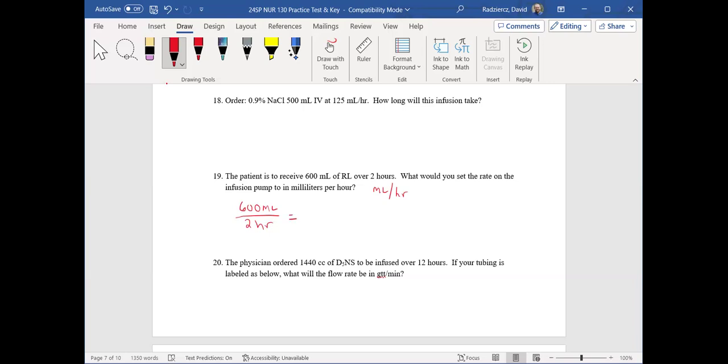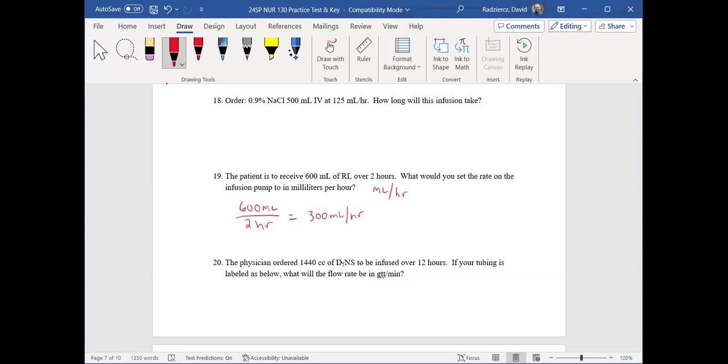I'll use my calculator, 600 divided by 2, or you could do this in your head, and my answer is 300 milliliters per hour. So I take the volume they give me, the time they give me, and reduce the number. 600 divided by 2 gives me my answer of 300.